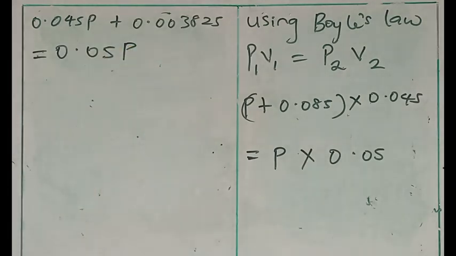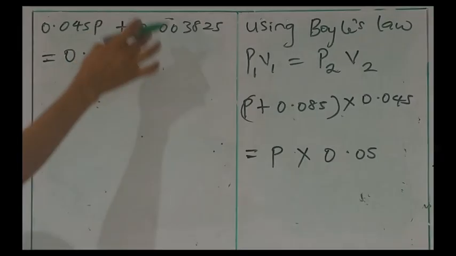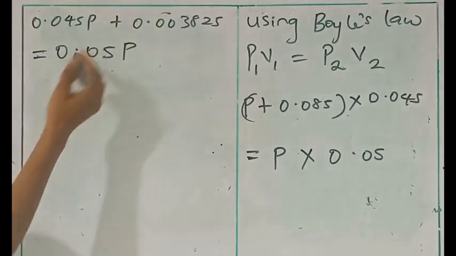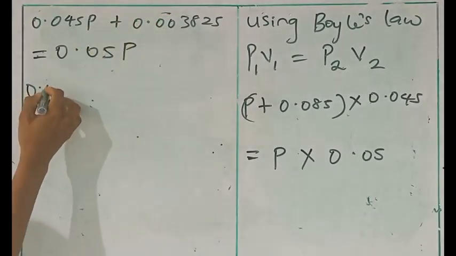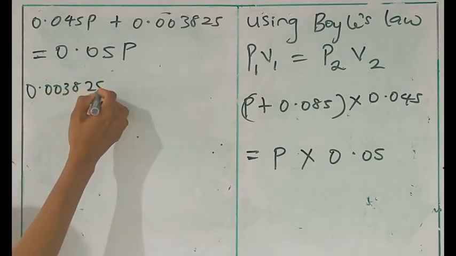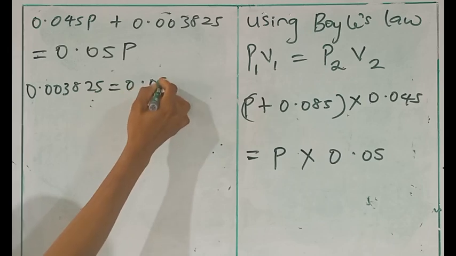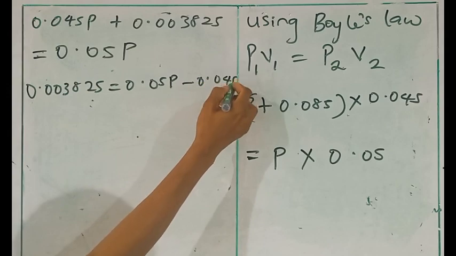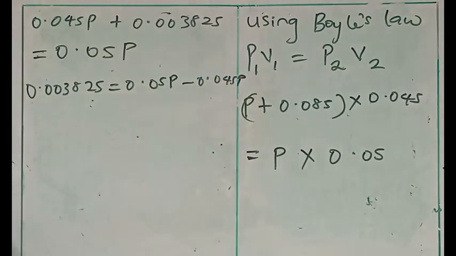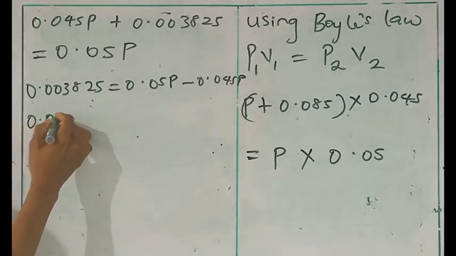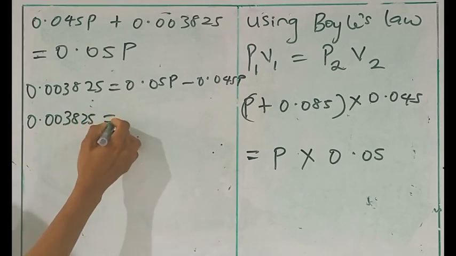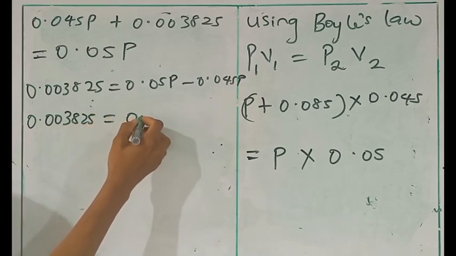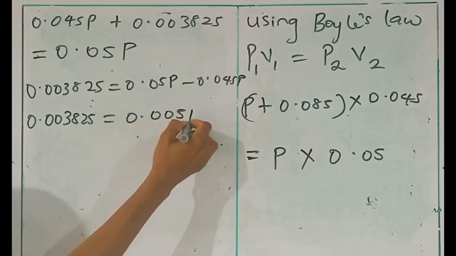So we'll go on and collect like terms. This one can move to the other side so that this will remain as 0.003825 is equal to 0.05P minus 0.045P. We'll go ahead and solve. If we subtract that, 0.003825 is equal to 0.005P.